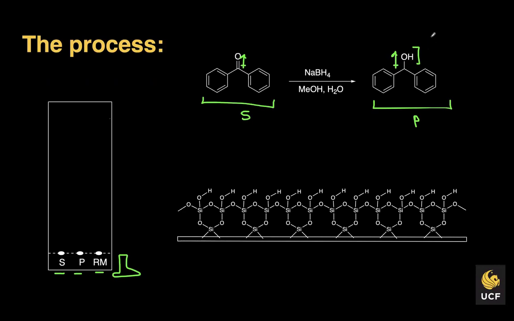Because right here it could be a hydrogen bond donor as well as a hydrogen bond acceptor, whereas in the case of the carbonyl oxygen, it's only a hydrogen bond acceptor, right?